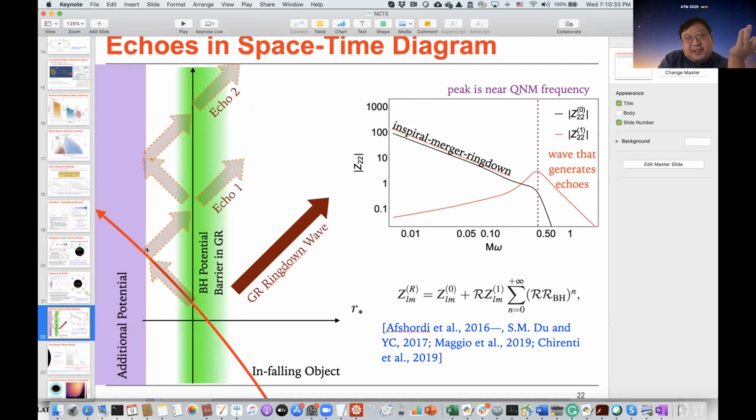But some of these waves that propagate towards the horizon may get reflected by the barrier and then come out as an echo, or they may be reflected again and give you another echo. This is a more detailed way to explain how the gravitational wave in the Ringdown is generated and how the echoes might actually form.